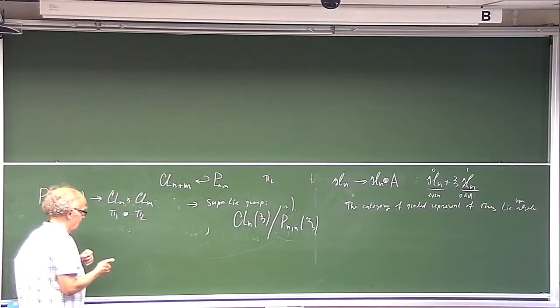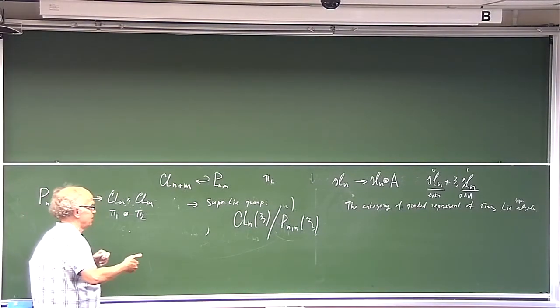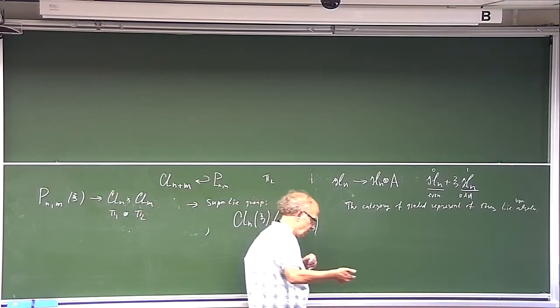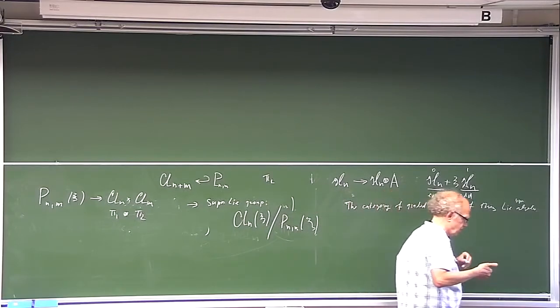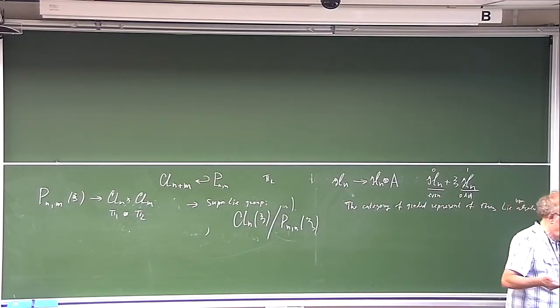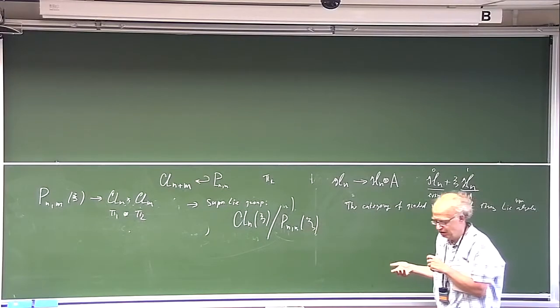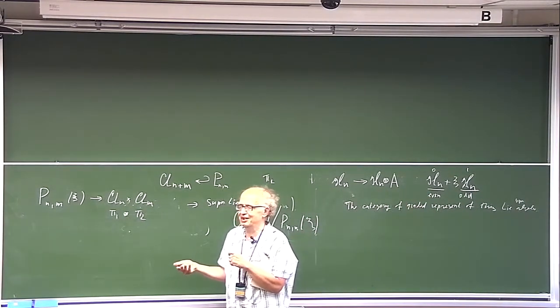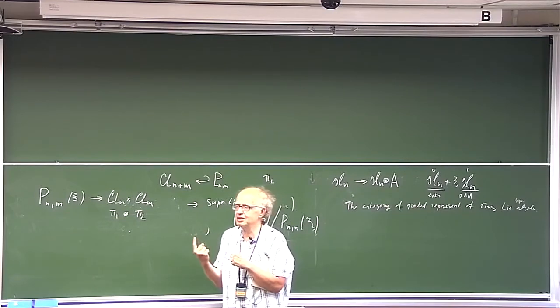As a result, this Euler characteristic will be a graded virtual representation, and we can calculate the Poincare polynomial of this, and it will be the result of our product.